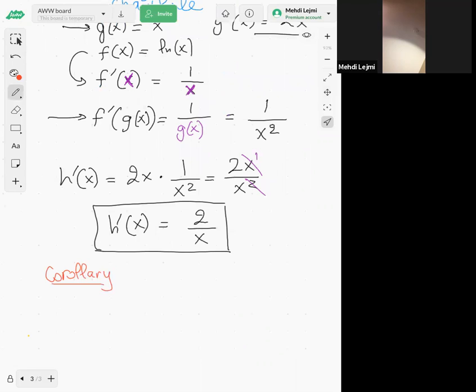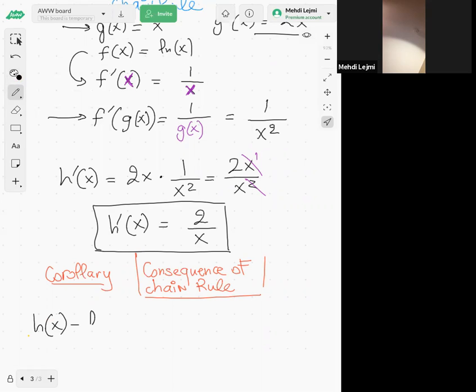If your h of x is equal to natural log of g of x, then h prime, using the chain rule, will be g prime of x over g of x.